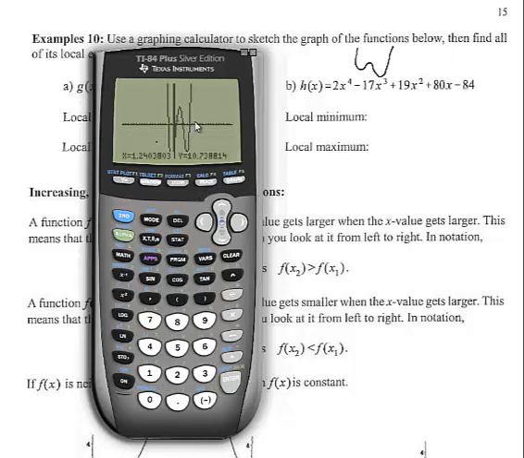Okay, and now I can't see the far left minimum, so I'm just going to use this picture to calculate. Well, no, sorry, I changed my mind. I'm going to zoom out one more time, and then I can always zoom back in or use zoom box to get a better picture.